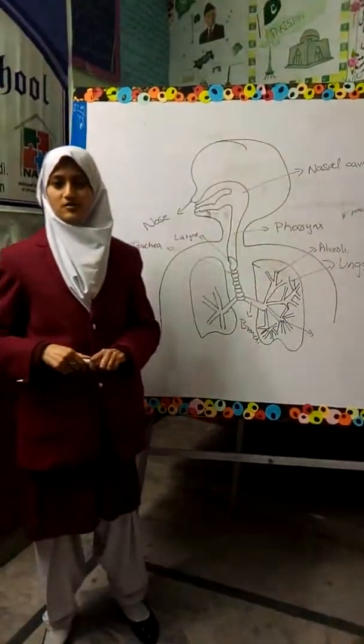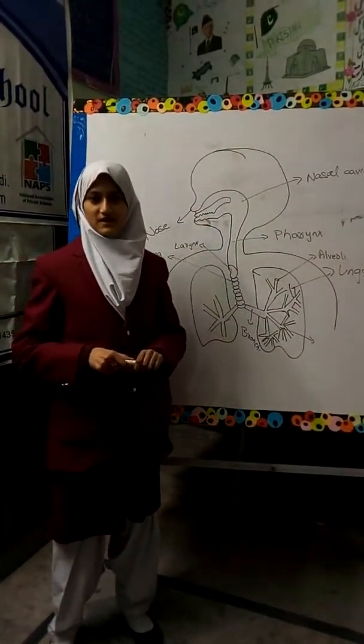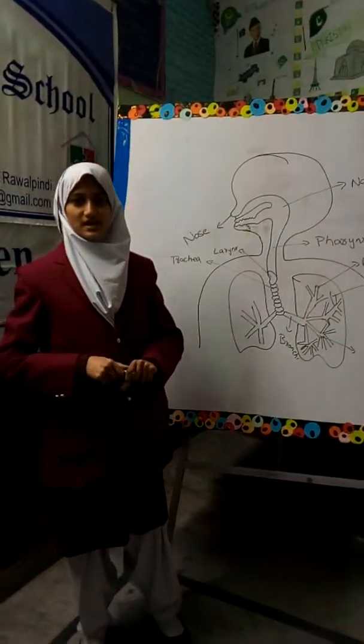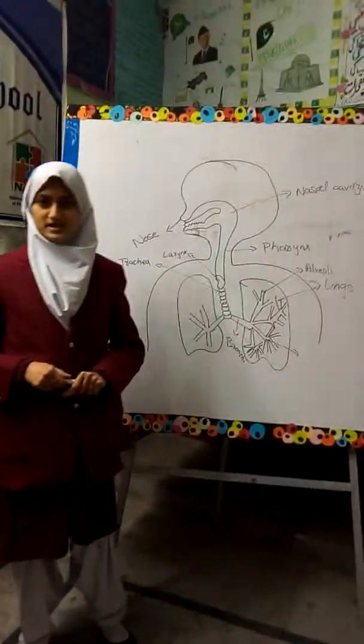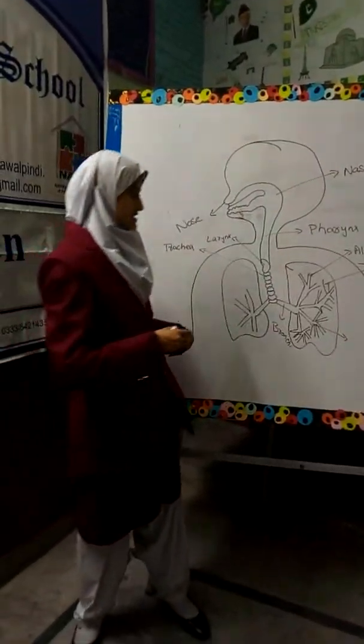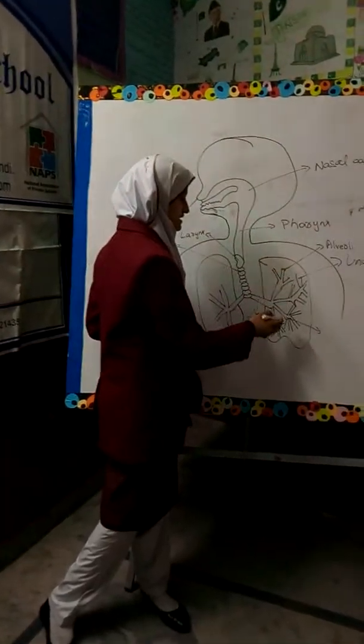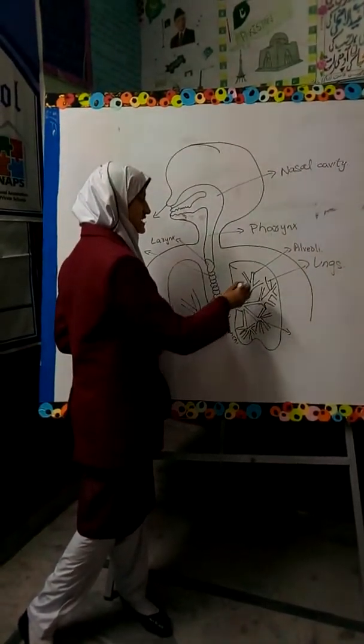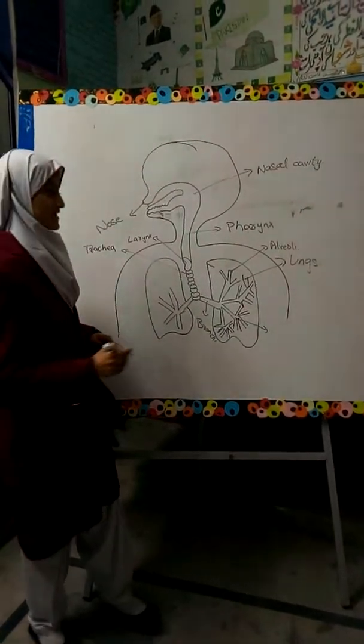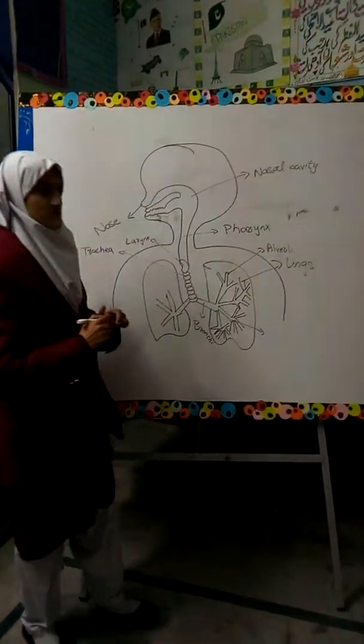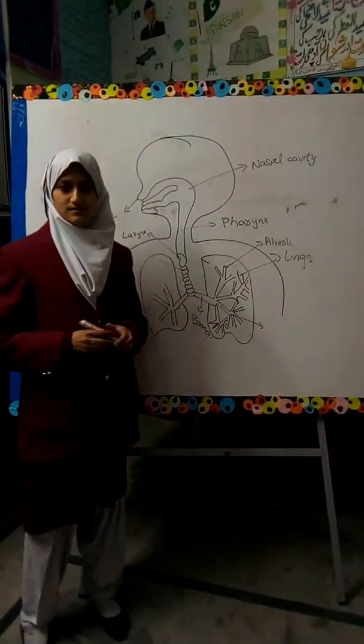And the blood from both parts comes into our left ventricle, and from the left ventricle it enters the capillaries, and from the capillaries it comes into the lungs and then enters our alveoli, and then deoxygenated blood comes to our alveoli.